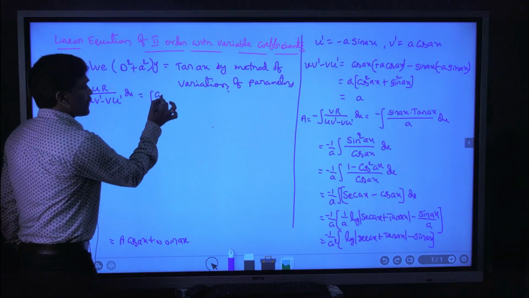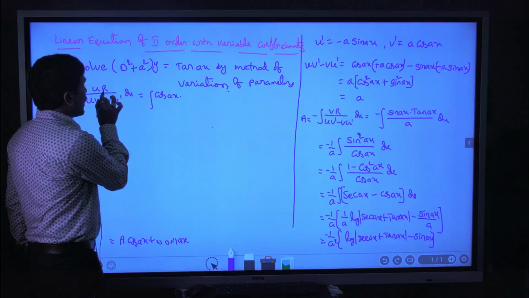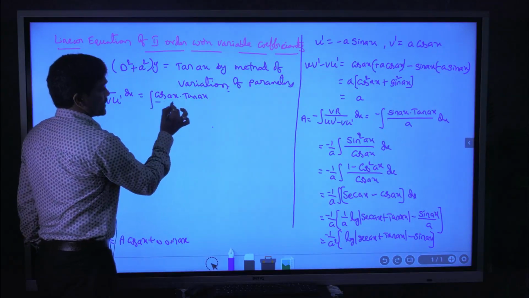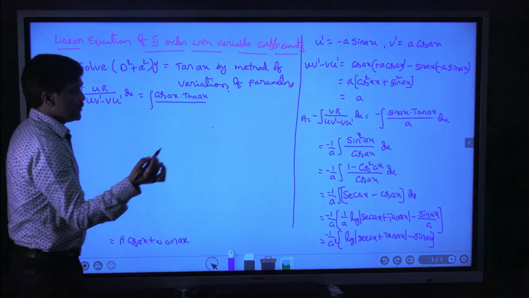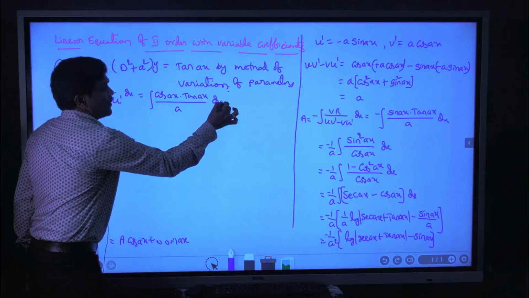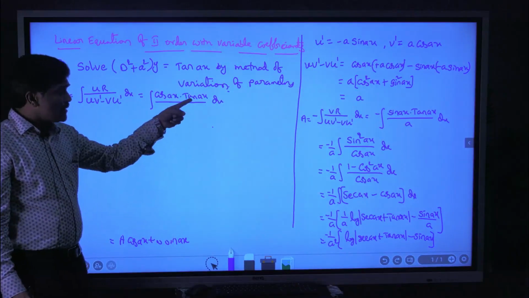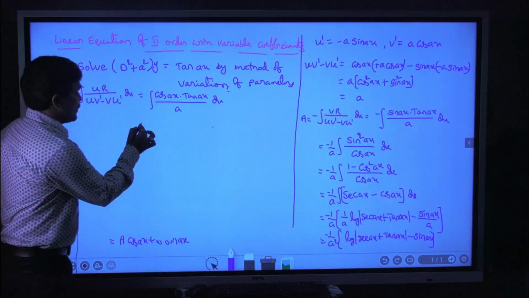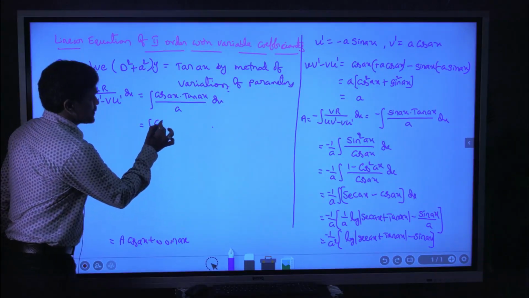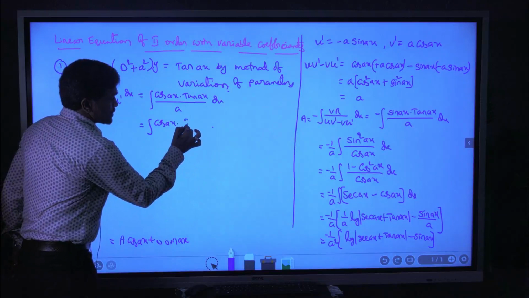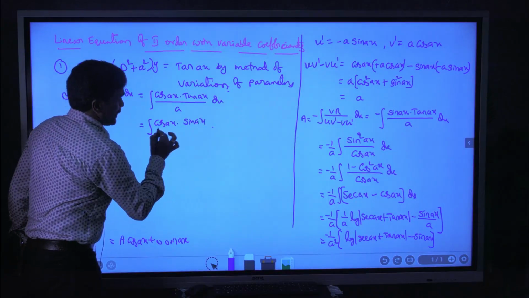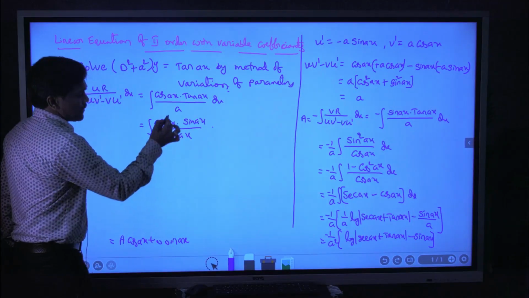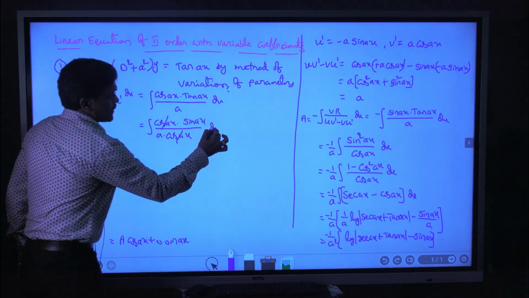U is cos ax, and r is tan ax. Here uv dash minus vu dash is a, into dx, right? Now tan ax can be written as sin ax by cos ax. Then cos ax into tan is written as sin ax by cos ax by a. Now here cos cancels, so write the remaining term.